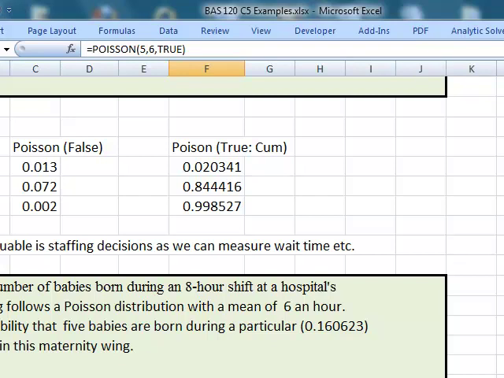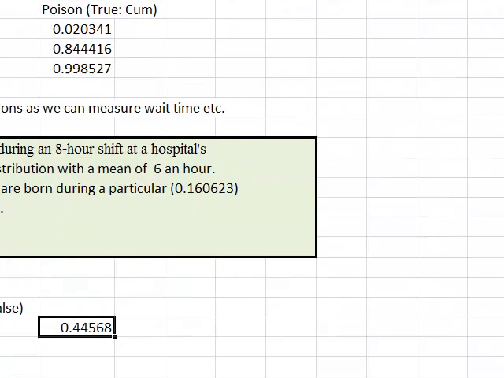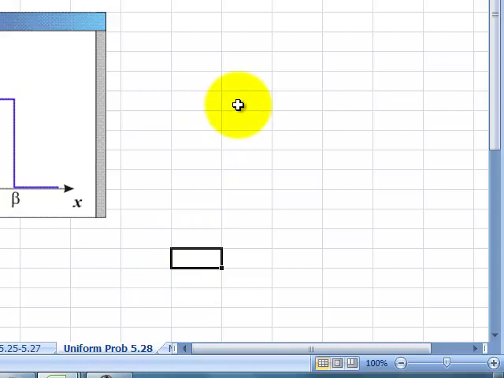Hope that helps. One last topic before we go is uniform probability, and this is very, very rare. But if we know that the probability is uniform, the same throughout the curve, then we could very simply say, we know it's between 1,000 and 2,000.